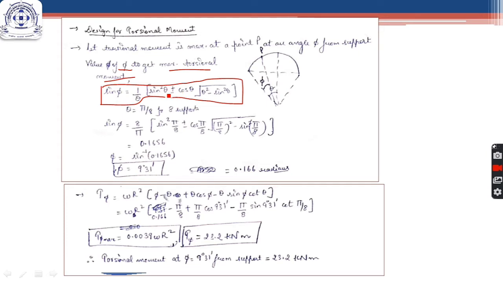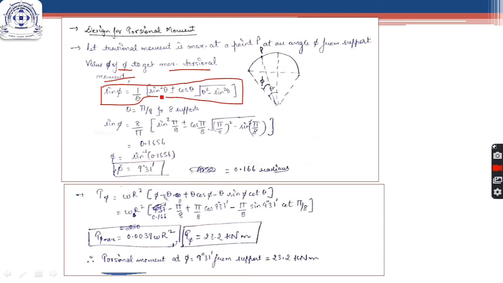So theta, for our beam, is 22.5 degree or pi by 8, and we substitute this value and all these values here to get phi equal to 9 degree 31 minutes. Let me tell you one thing: whenever you are solving such questions, if you are doing calculations in radians, then all angles should be in radians.